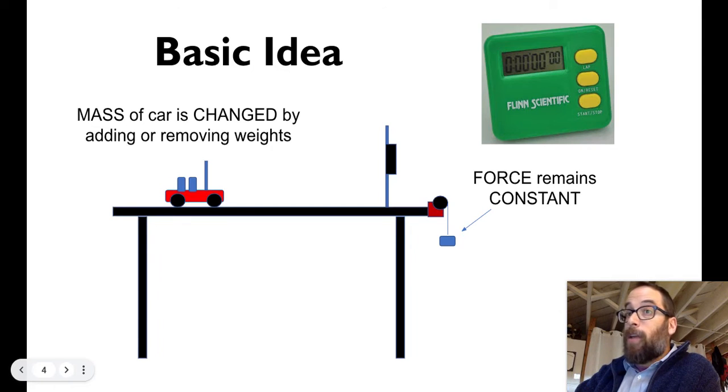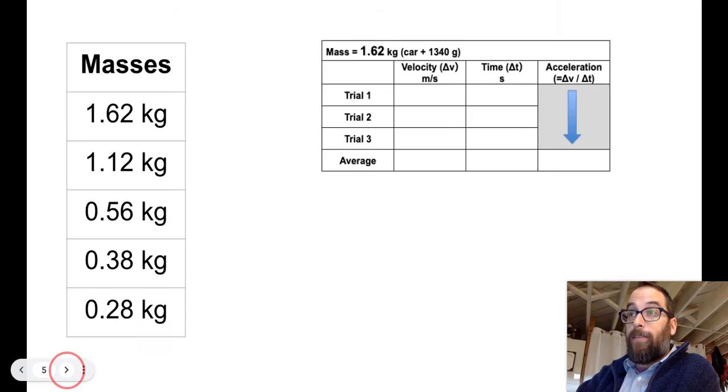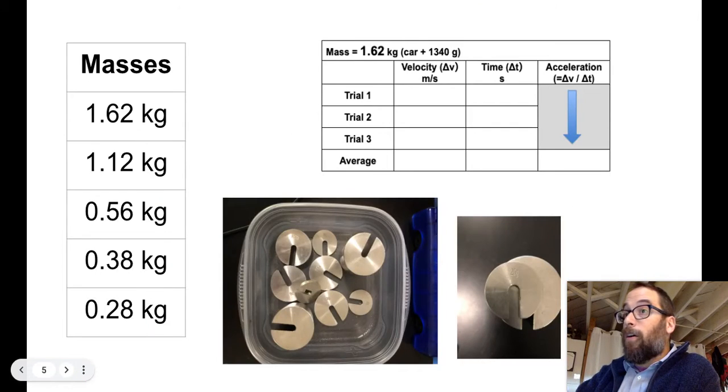Now, each station comes with your masses, a set of weights you can use to get these masses: 1.62 kilograms, 1.12 kilograms, 0.56 kilograms, 0.38 kilograms, and 0.28 kilograms. So you're going to get that mass by adding the mass to the car and getting a total mass, which is the sum of all the masses you add to the car plus the mass of the car itself.